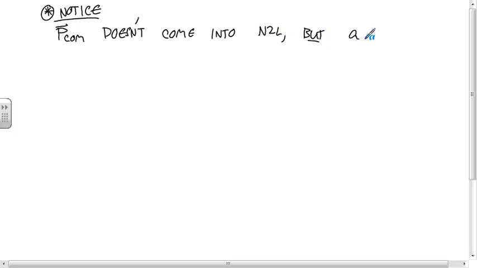But the acceleration of the center of mass does. So based on that center of mass formula, how do you go from the location of the center of mass to the acceleration of the center of mass?